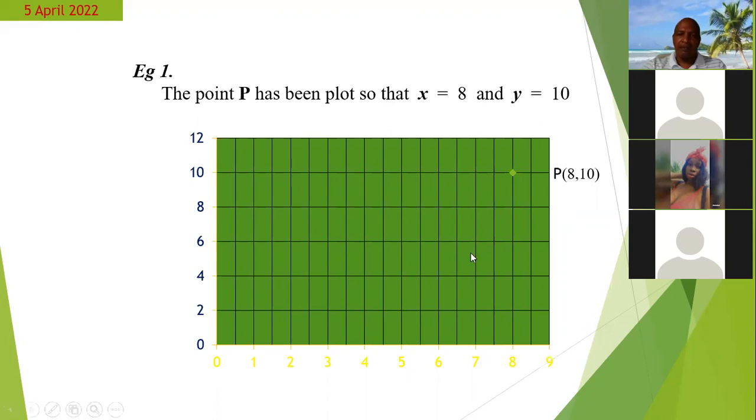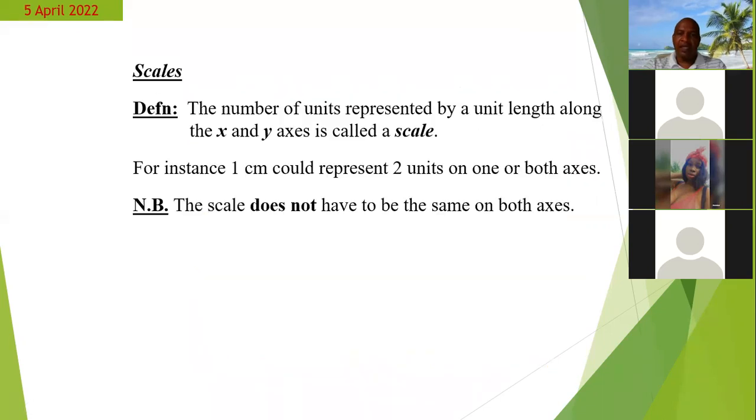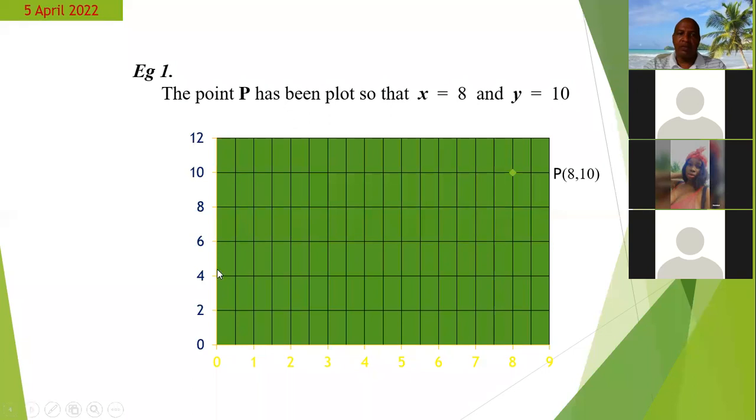Now on the y-axis, we have 1 interval representing 2 units. So if we were thinking in terms of 1 unit length, half of the interval would be 1 unit, right, on the y-axis.